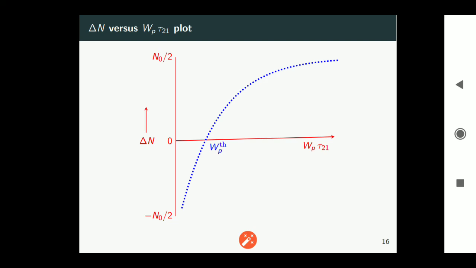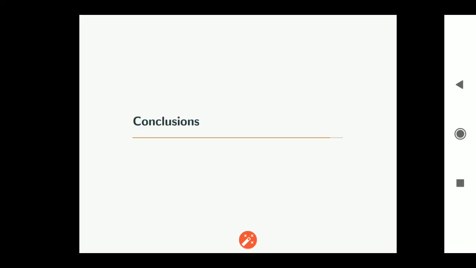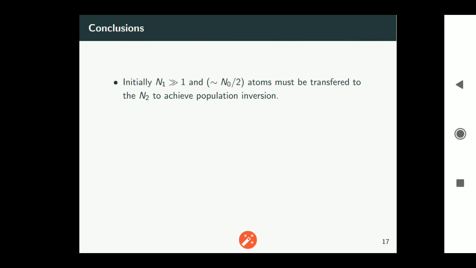After studying this, one can understand that lasing is indeed possible in a three-level system. Conclusions. Initially N1 is always greater than N2, and nearly N0 by 2 atoms must be transferred to N2 to achieve population inversion.